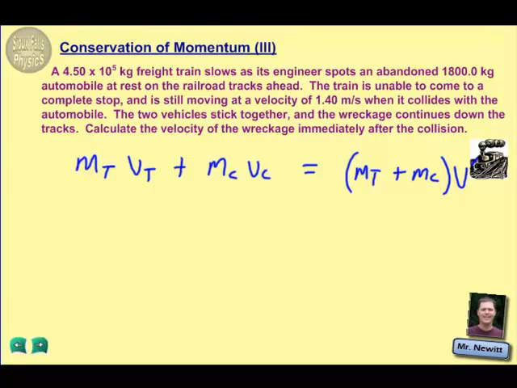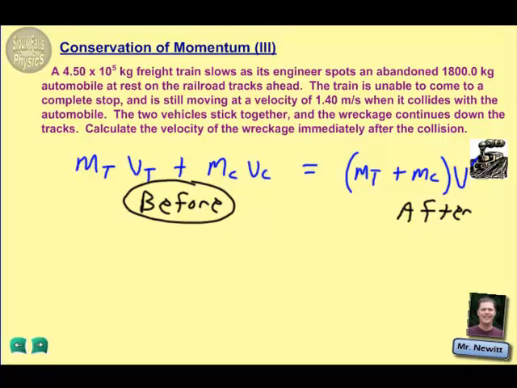I might call it v prime here, okay, at the end. All right, so again, the left side of my equation is before the collision happens, right? The right side of the equation is after the collision happens, and again, momentum must be conserved.